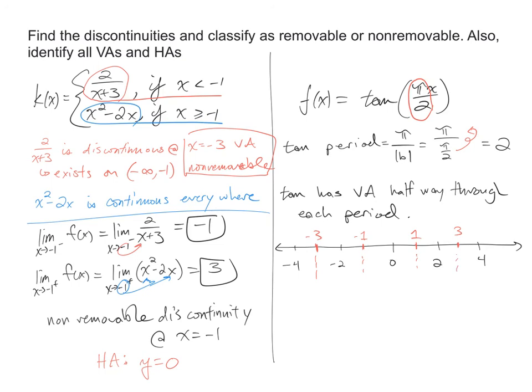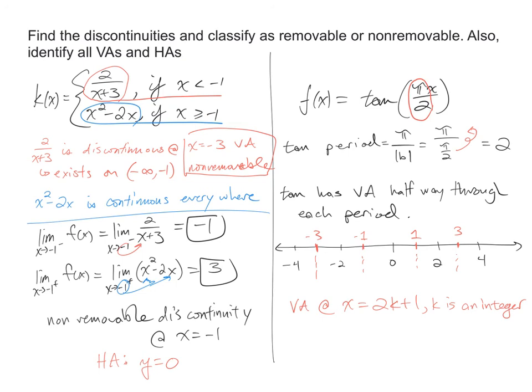So it looks like every odd number, which can be represented in the following way. We can say there are vertical asymptotes at x equals 2k plus 1, where k is an integer. So that's it. We have a vertical asymptote at every odd number.